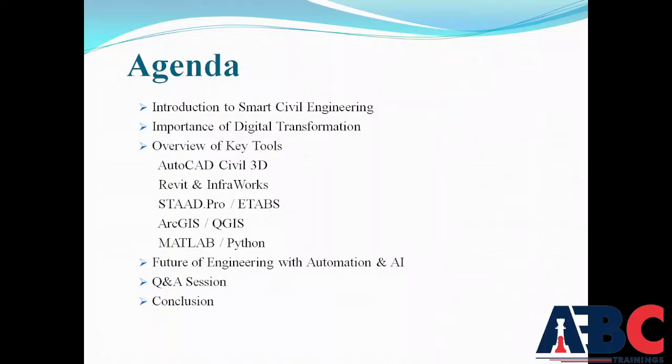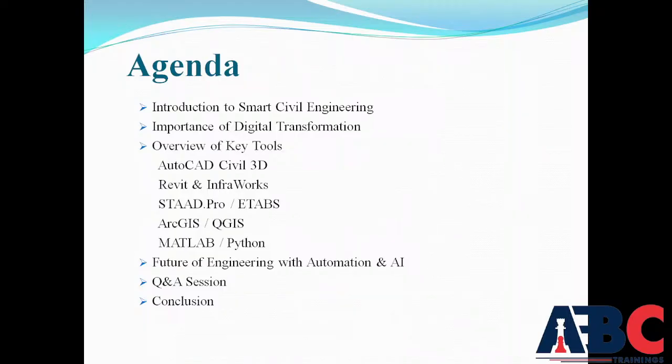The next topic is an overview of key tools: which key tools we will use, what their uses are, why they are important, and which we should use for our digitalization. The tools include AutoCAD Civil 3D, Revit, or InfraWorks, and for structural work STAAD.Pro or ETABS.